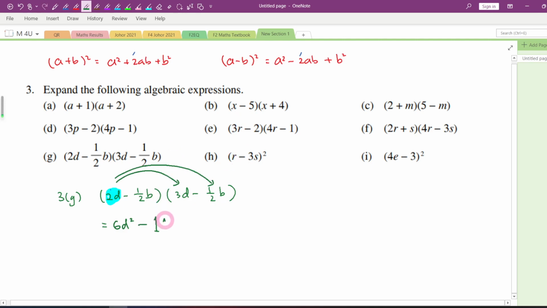So I will write b first, followed by d. So as I told you just now, we actually do not write 1 in front here. When we do not write anything here, people know that this is actually 1. Okay, 1 bd. Okay, we have settled the 2d.